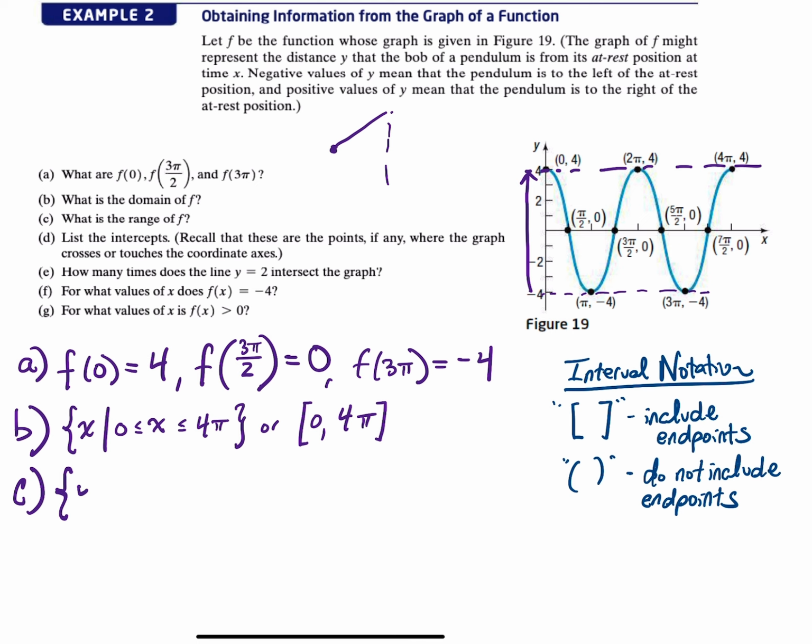In set builder notation, we could say the set of all values of y such that y is between -4 and +4. Or in interval notation, from -4 to +4, including our endpoints.